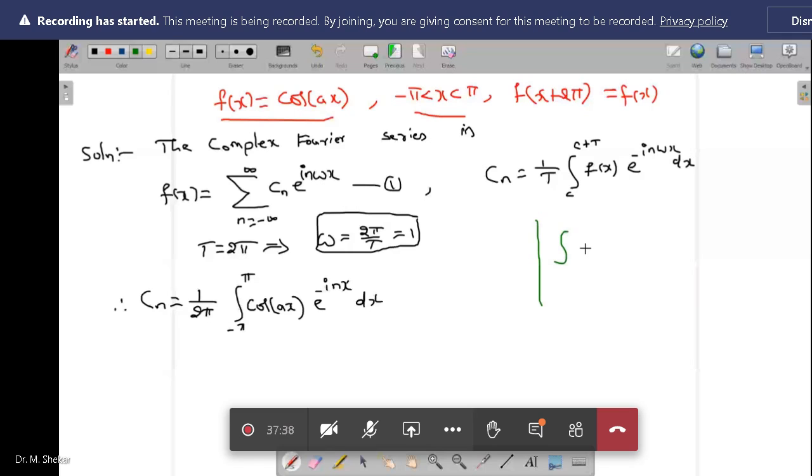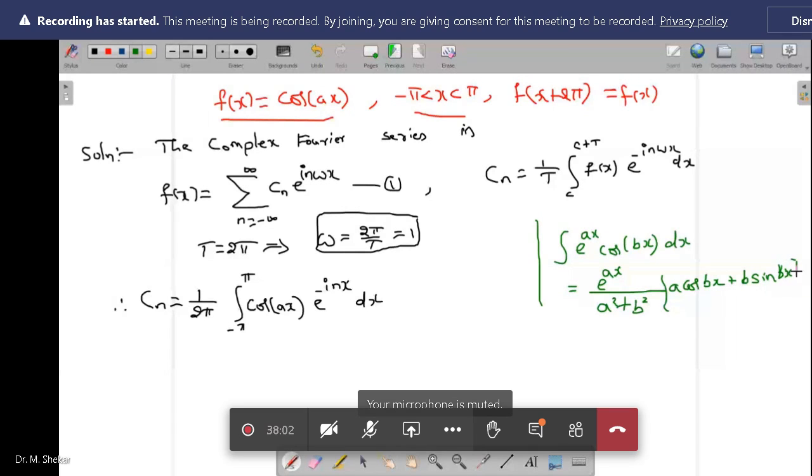This was the integration you have done in plus 2. If you remember, it is e power ax divided by a square plus b square into a cos bx plus b sin bx. So this was the result you have derived.